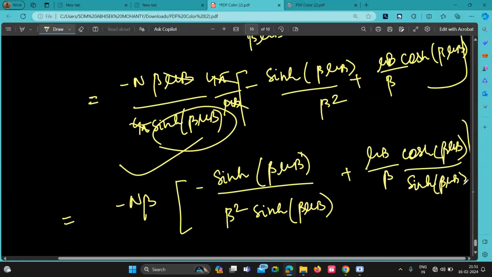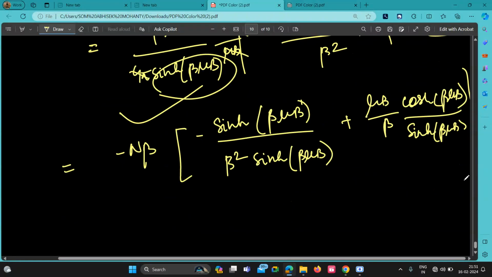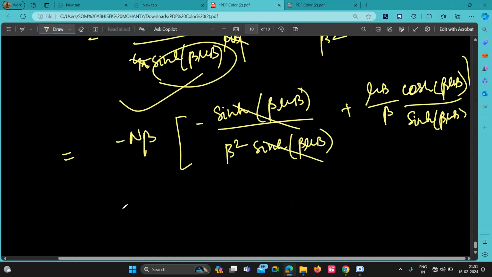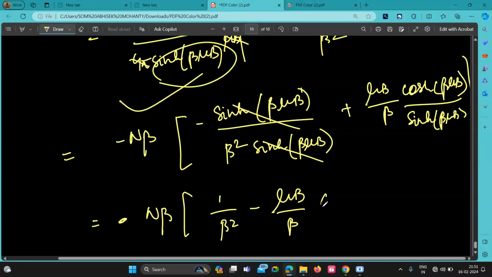So sinh cancelled out, cosh by sinh is coth. Let's take the minus out also. N beta, this is 1 by beta square minus mu b by b coth beta mu b. Okay, this is all right.